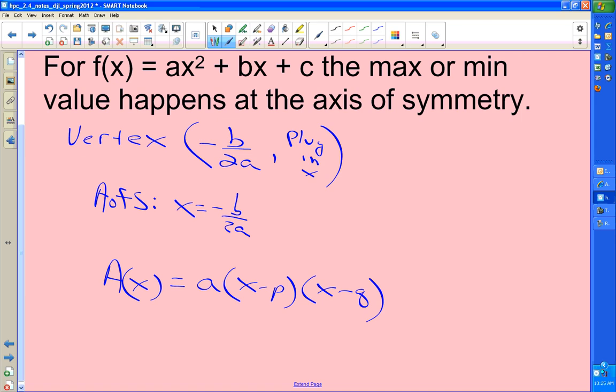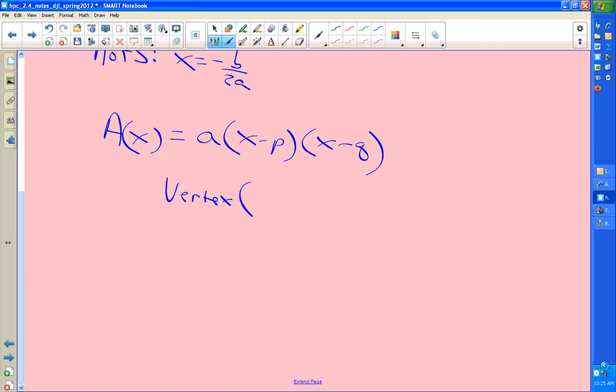How do you find the x-coordinate of your vertex if you're in intercept form? Anyone remember? P and Q? Who's them?